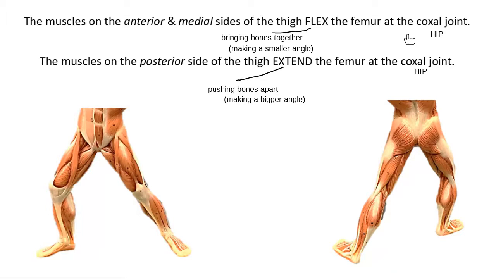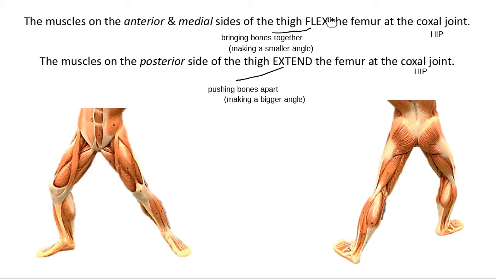So at the place that you're stuck, that you can't leave, pull out a flashcard. On the front side of your flashcard, you say, muscles on the anterior and medial thigh do what to the femur? And on the back side, you say, flex it at the hip joint. So muscles on the front side and the medial side of the thigh, what do they do to the femur?